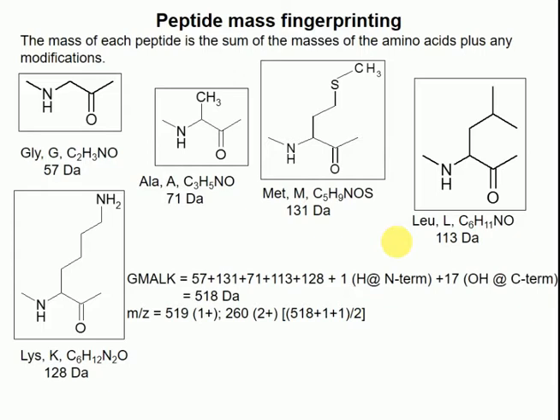You need to remember that you've got termini on this peptide, so you need to add on the mass of the hydrogen that's at the N-terminus and the mass of the OH group that's at the C-terminus. And then, of course, because it's mass spectrometry, it needs to be charged. You need to add on the mass of the proton to give you the charge. So 1 if it's singly charged, 2, of course, if it's doubly charged.